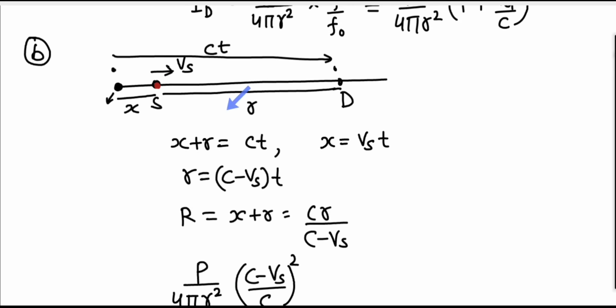But since there is a relative motion between these two, the energy that will be released in one time period by the source will be absorbed in a different time period, right? So energy released in time period, again the same thing, t naught.